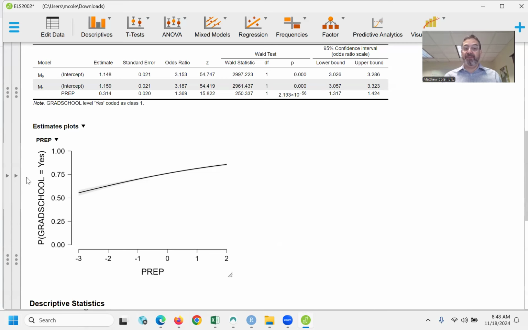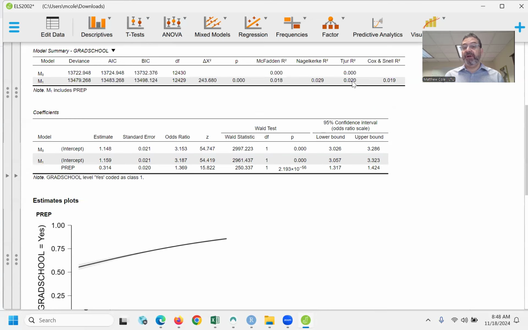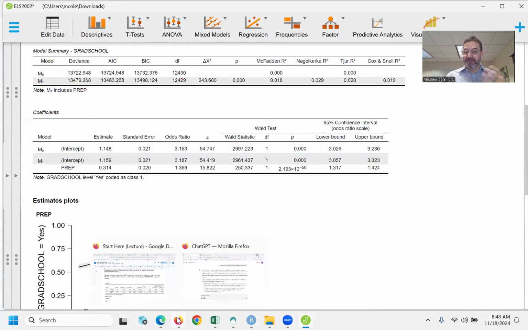But we do see this upward growth, this 1.4 times more likely to attend graduate school as your prep score increases by 1 standard deviation, shown by the upward slope of the probability estimate plot. The R-squared here of 0.02 means not much, right? About 2%. So there's still other things that we need to add in to understand more what predicts attending graduate school.